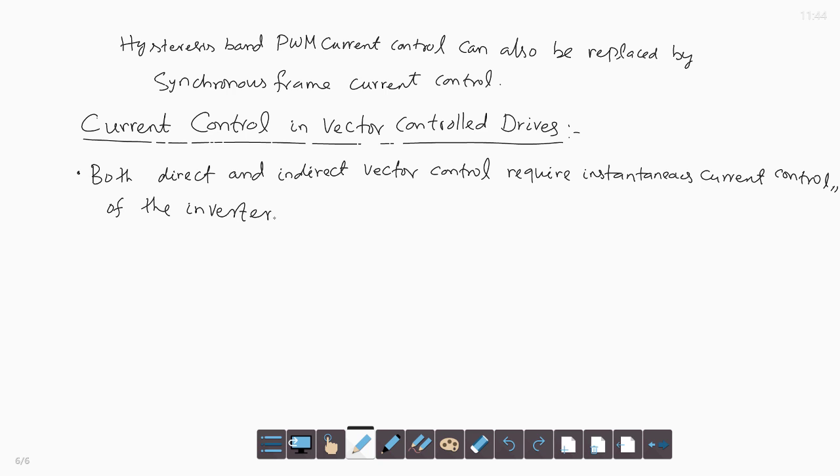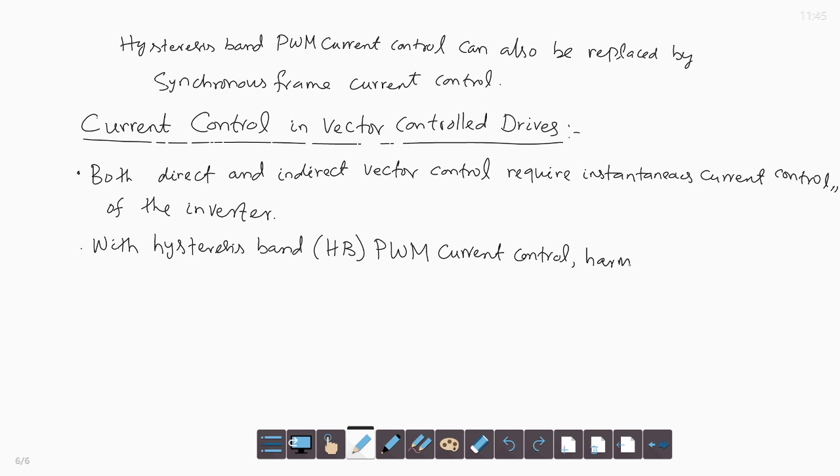So, as I have mentioned, hysteresis band current control is often used, but with hysteresis band PWM, harmonic content is not optimum.